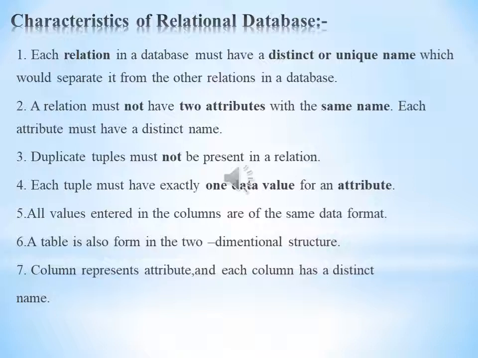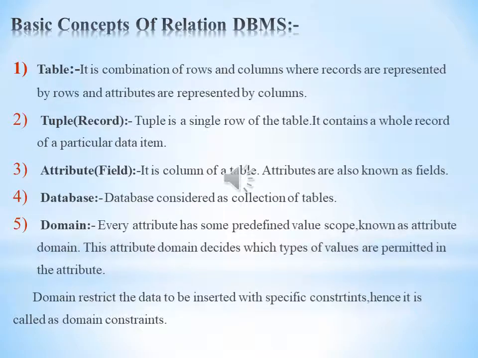In these characteristics of relational database, the basic concepts of relational DBMS are: first is table, second tuple, which is called the record, third attribute, which is called the field, fourth database, fifth the domain.